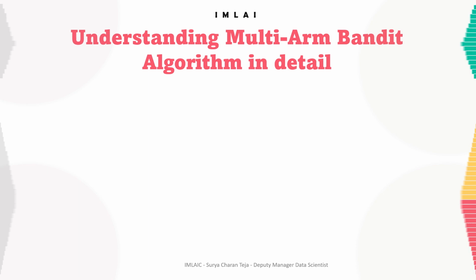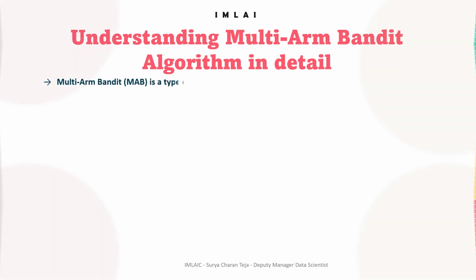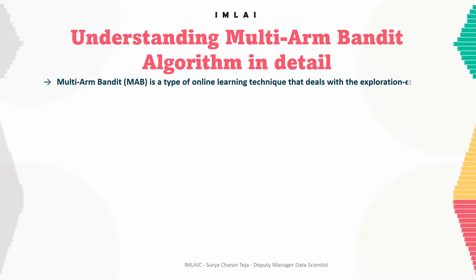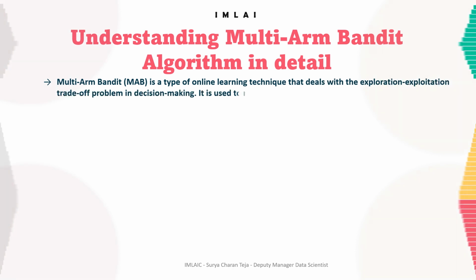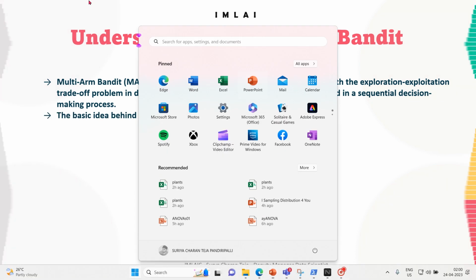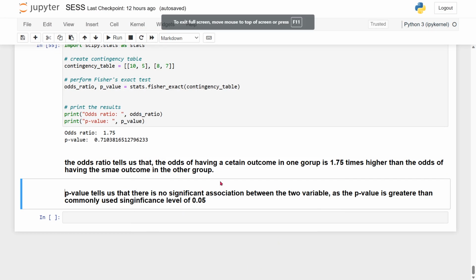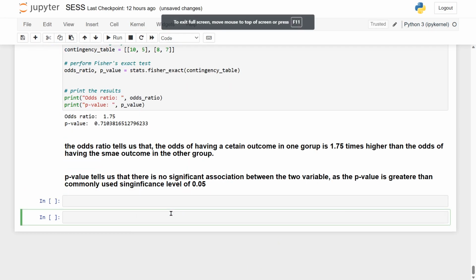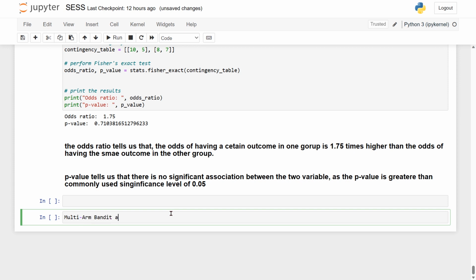The multi-arm bandit algorithm is a class of reinforcement learning algorithms that aims to find the optimal action among several alternative actions or arms in a repeated decision making problem. The problem can be formulated as follows.